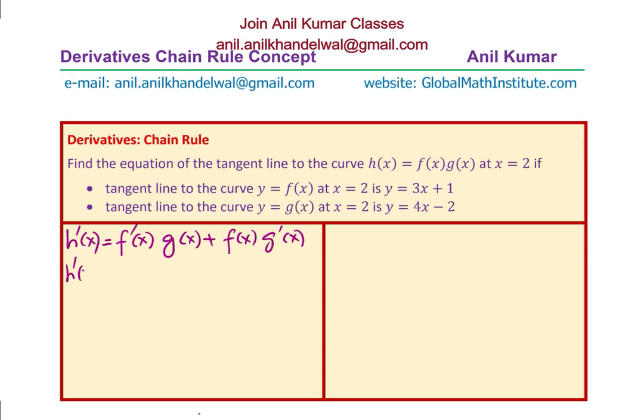And at 2, we can substitute x as 2. So we get f prime 2 times g of 2 plus f of 2 times g prime 2, correct?